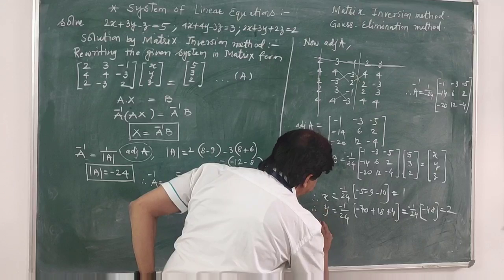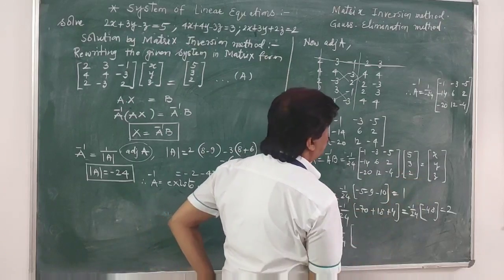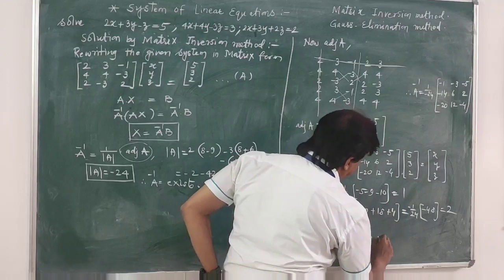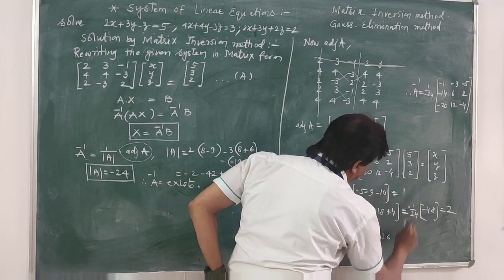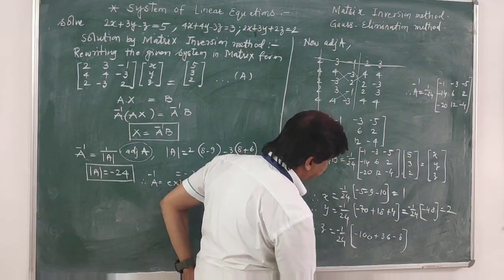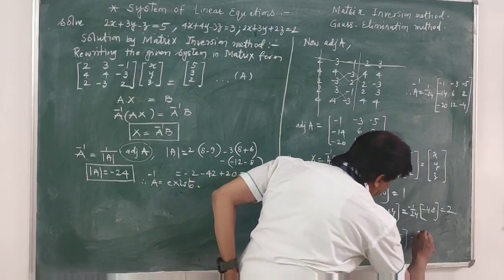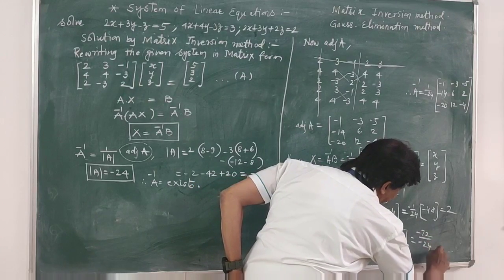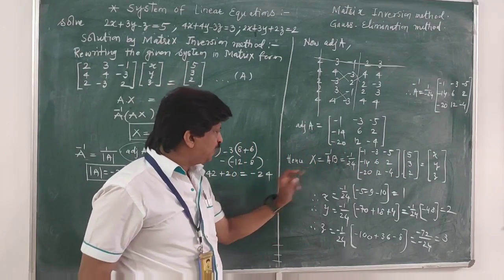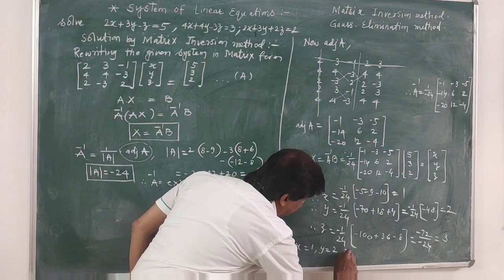Whereas Z is equal to minus 1 by 24, third row and first column: minus 100 plus 36 minus 8. So it is minus 108 plus 36. Minus 108 plus 36 is minus 72, divided by minus 24 is plus 3. So that is how we can directly calculate by this formula. X is equal to 1, Y is equal to 2 and Z is equal to 3.